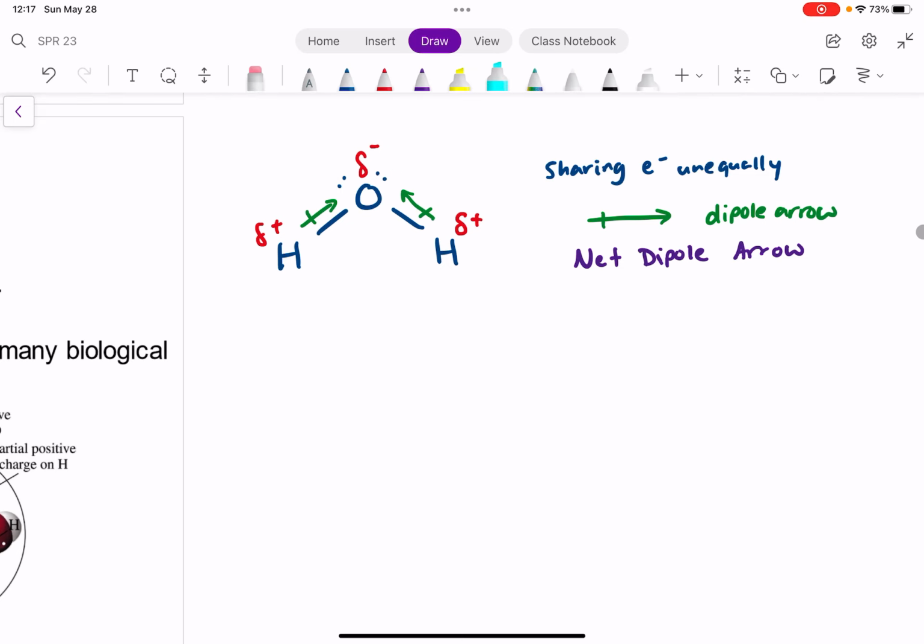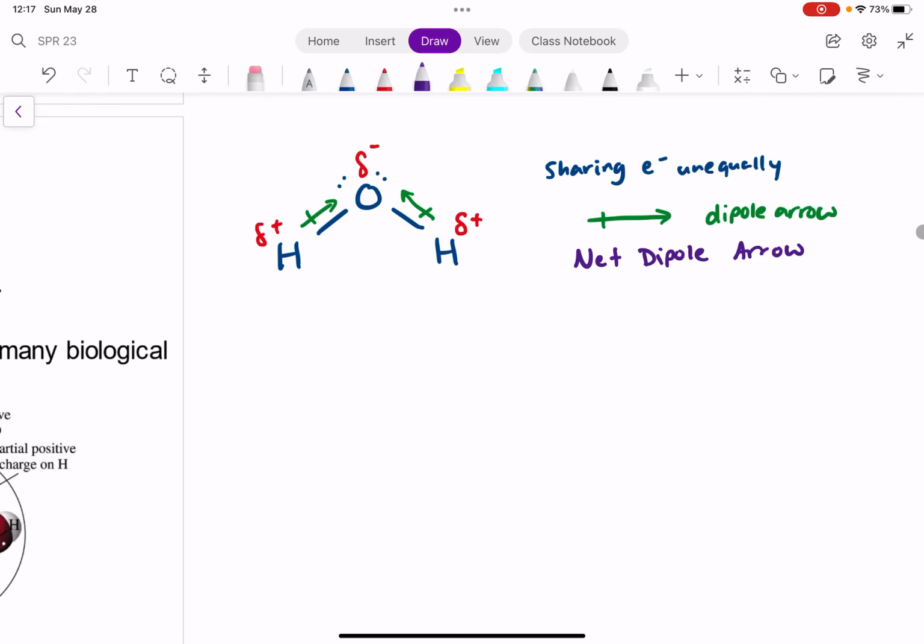So what ends up happening is this side of the molecule is very dense with electrons. We've got a lot of electrons hanging out in that region, and then a lot less on the hydrogen side. Okay. So we can draw a net dipole to show that phenomenon, to show that, hey, there's more negative charge on this side of the molecule.